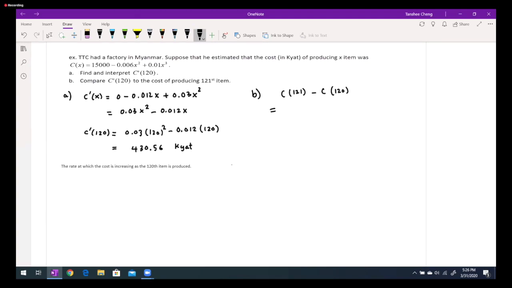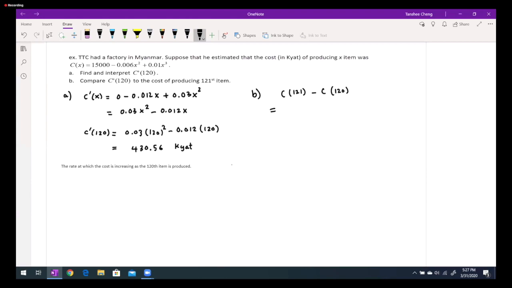So this basically tells us to put the 121 into the cost function using a calculator to compute it. And make sure that on a calculator you don't need to punch it in over and over again. You can just recall it from what you already punched in. Make sure you know how to do that. That will help you speed it up.